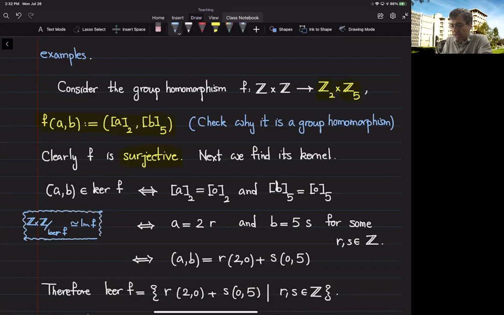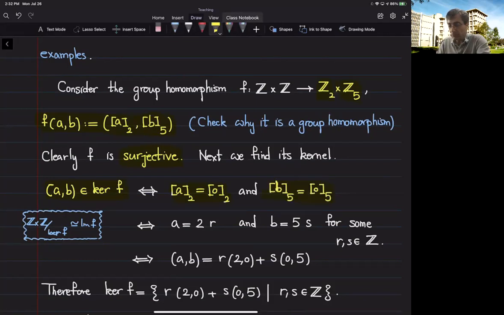But what is its kernel? So that's why we are going to study the kernel of F. Now, A comma B belongs to the kernel of F precisely when the residue class of A mod 2 is the residue class of 0 mod 2, and the residue class of B mod 5 is the residue class of 0 mod 5.